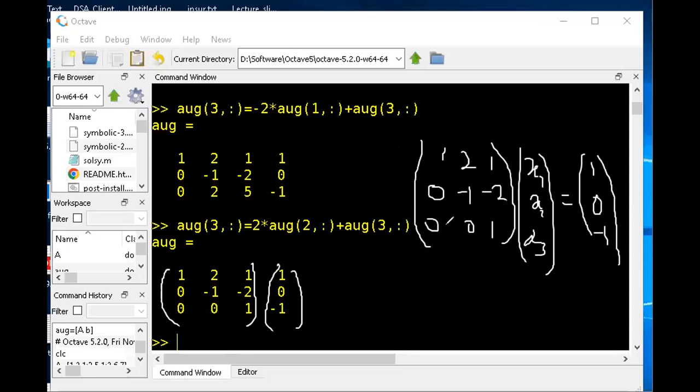Here it is very easy to find x3. Start from the bottom. This row multiplied by this unknown vector, then x3 would be -1.